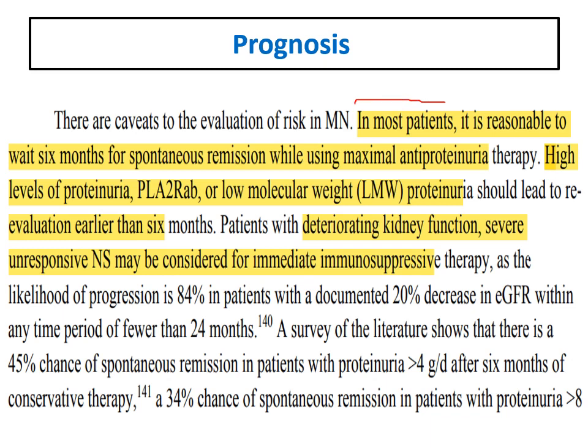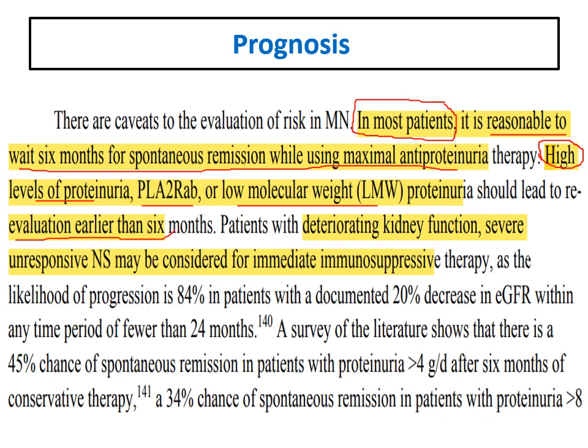Again, in most patients, it is reasonable to wait 6 months for spontaneous remission while using maximal antiproteinuric therapy. But in patients with high levels of proteinuria, high levels of phospholipase A2 receptor antibody, or low molecular weight proteinuria, evaluation should be earlier.